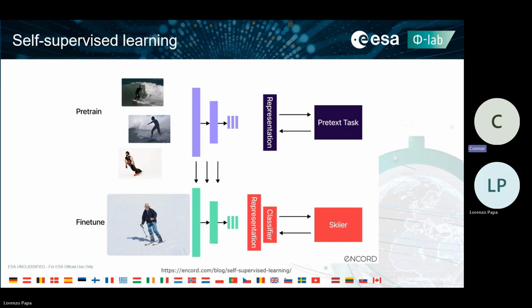What happens? We don't have the labels for the pre-training. We have some images, and we want to learn their representation in the pretext task. We want to understand how the features inside the image are distributed into the feature space of the neural network.